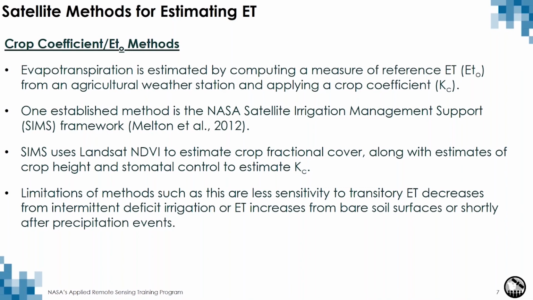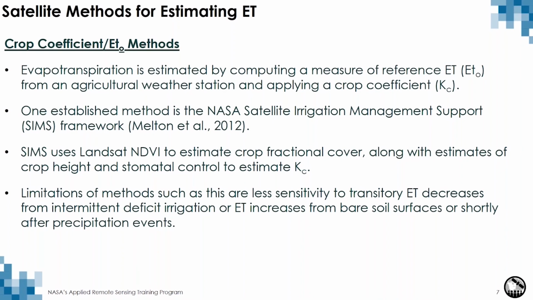And this uses a crop coefficient method over most of the Western United States, especially in California, where we have good remote sensing information and good crop data to come up with an automated way to estimate crop coefficient based on NDVI and estimates of crop height and estimates of what crops are grown in what field.